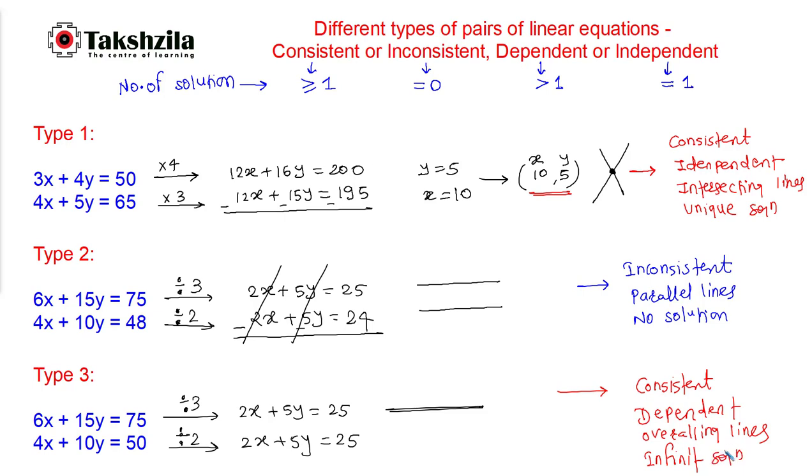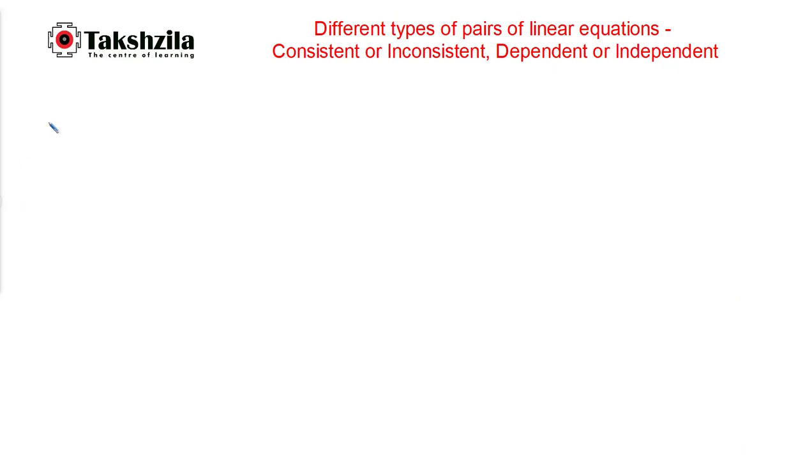So now let's generalize these 3 types, everyone. Let's take the first equation as a1x plus b1y is equal to c1, and the second equation as a2x plus b2y is equal to c2. So now let's write 3 conditions. The first condition is if a1 by a2 is equal to b1 by b2 but is not equal to c1 by c2, this is which type?